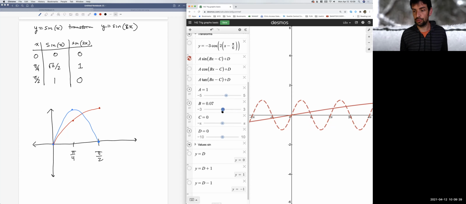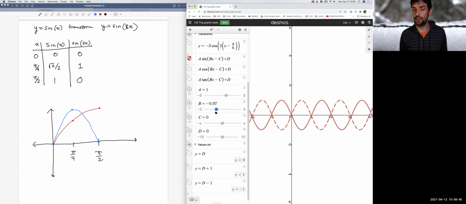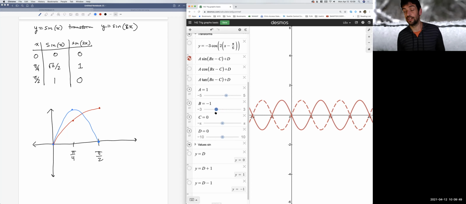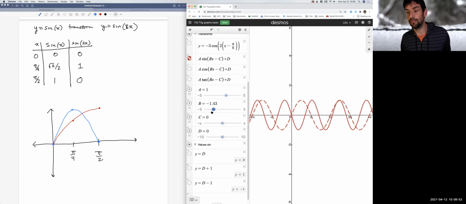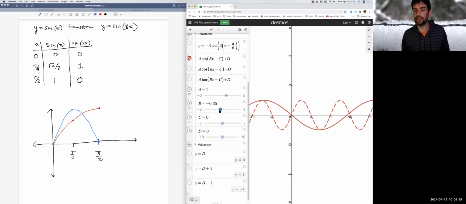If we flip below 0, we reverse. It's like flipping it over the y-axis. Because of all the symmetries of sine and cosine, it looks identical to flipping it over the x-axis, but there are some differences, but we can compress it in that way. We typically don't do this, though it will happen on occasion.